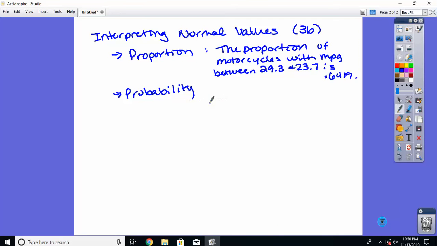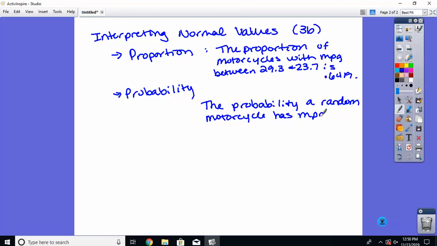Thinking of it as a probability is saying the probability a random motorcycle has a mileage between 29.3 and 23.7 is that.